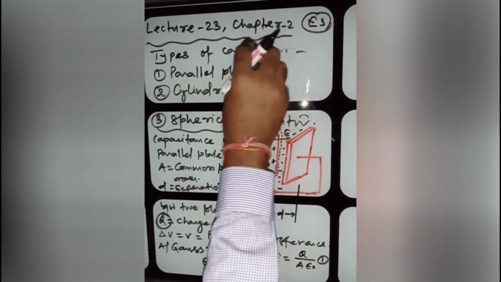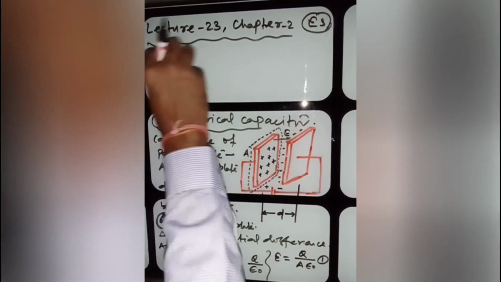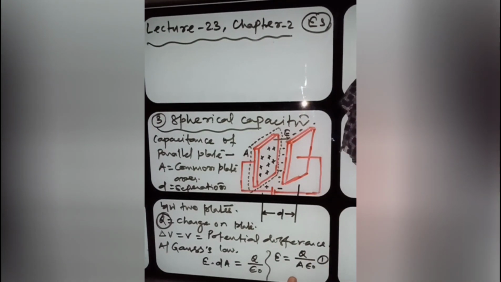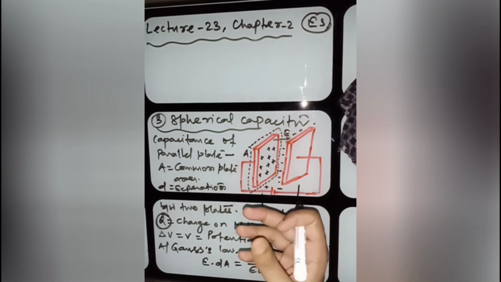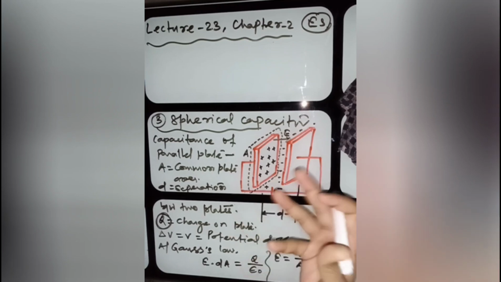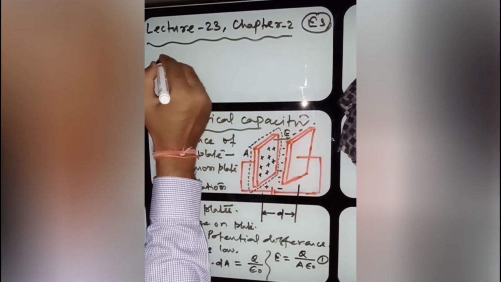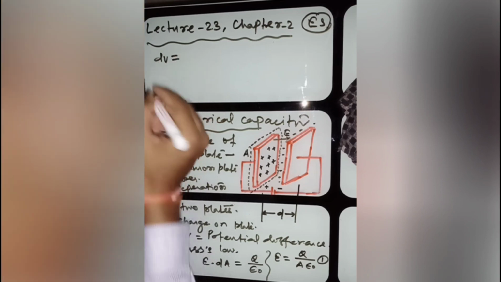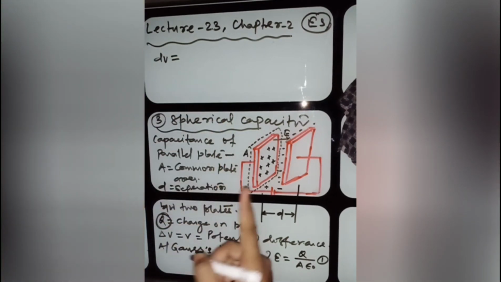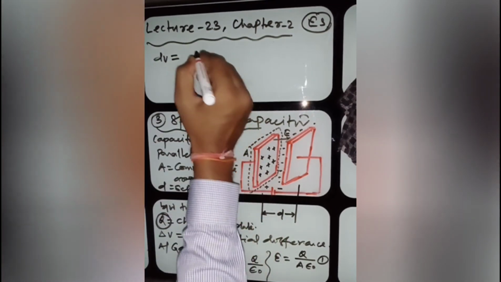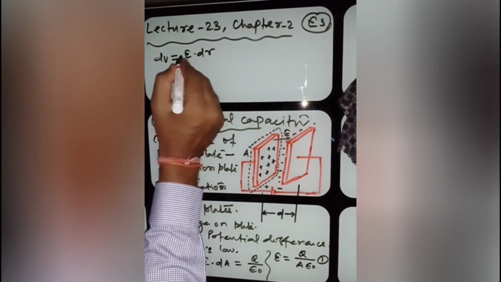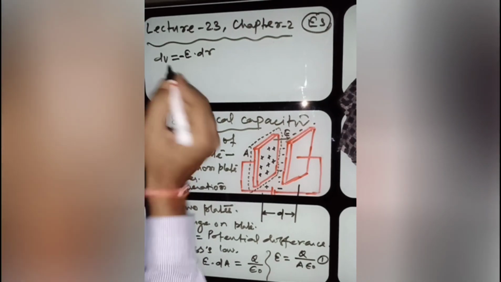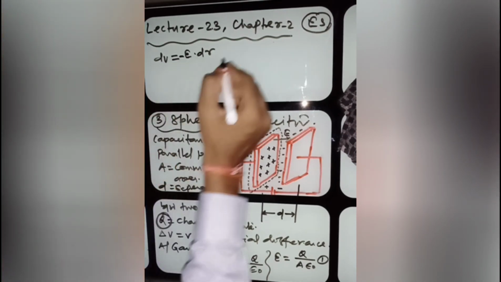Now look at it. The second step was to find the potential difference between the plates. So to find the potential difference, dV. Remember the steps I am writing here, you have to follow. dV is equal to E dot dr. We have studied E dot dr. Remember we have taken the minus here.